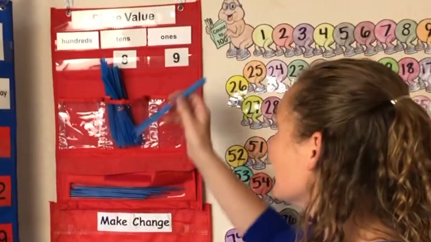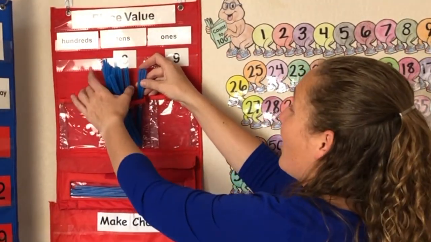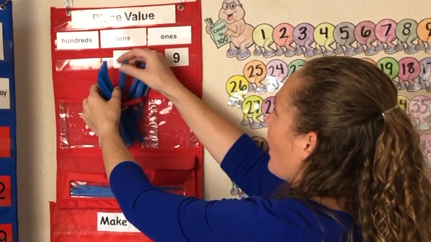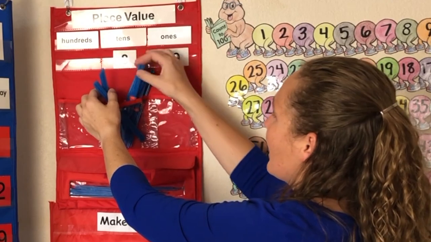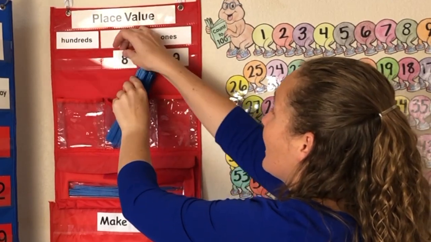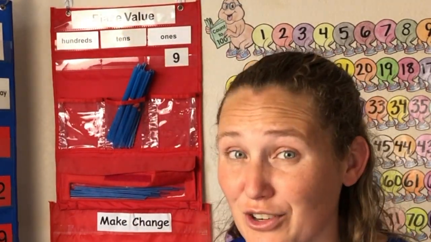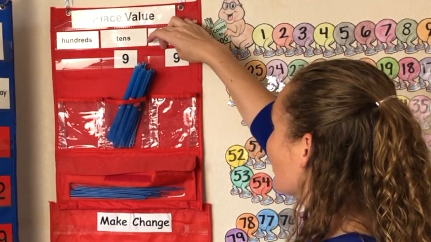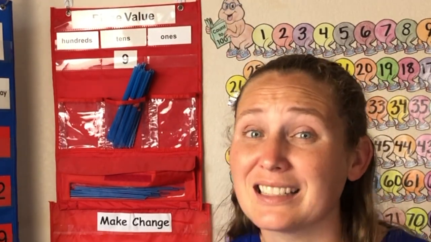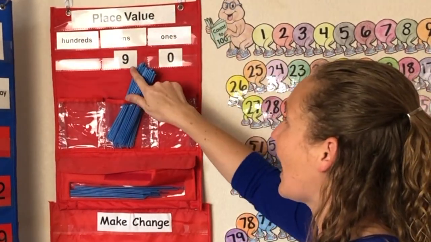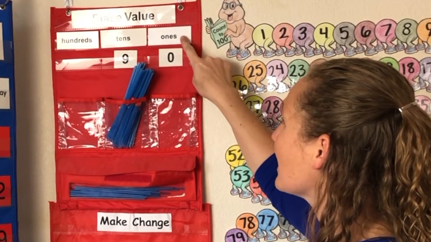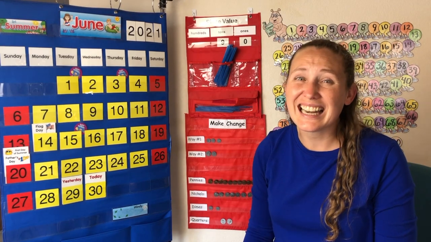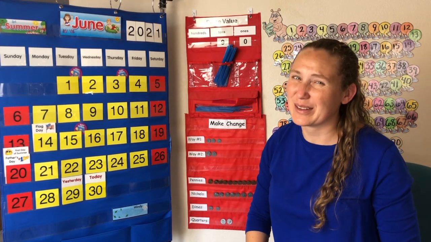Another group of 10 means that we now have 9 groups of straws grouped into groups of 10, and 0 straws in groups of 1. 9 tens, 0 ones makes 90 straws. We've had 90 days of calendar time.